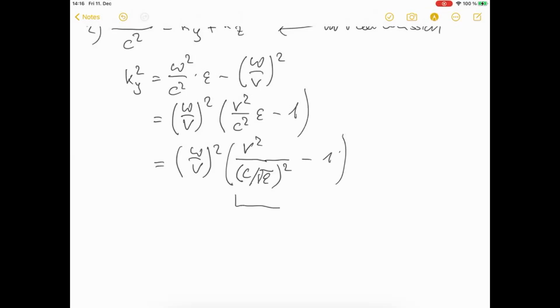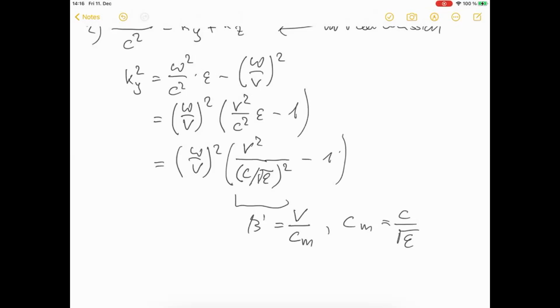And we call this beta prime. Beta prime is the velocity divided by the speed of light in the medium, and the speed of light in the medium is the speed of light divided by square root of epsilon.